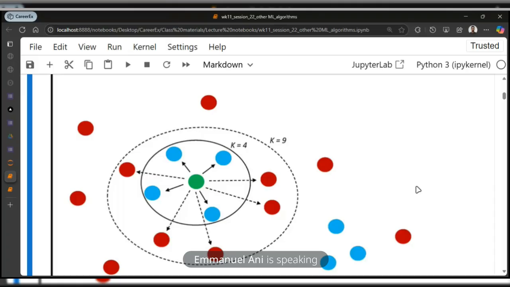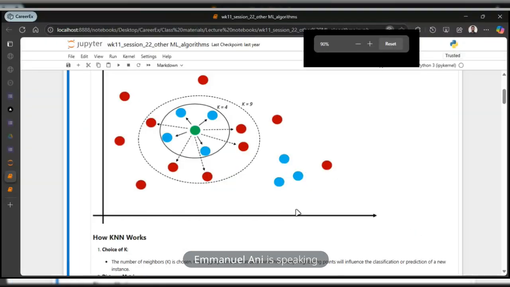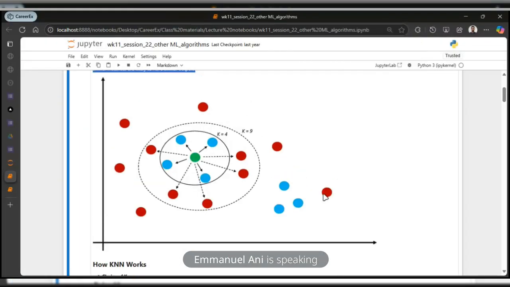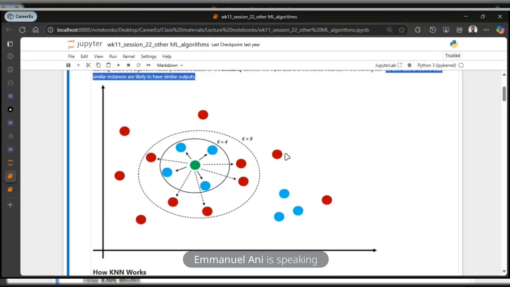And then when you come to KNN, you should also understand its key idea or core concept. As you can see on the screen, we have a chart representation of data points. In this chart, we have two groups, the red and the blue.